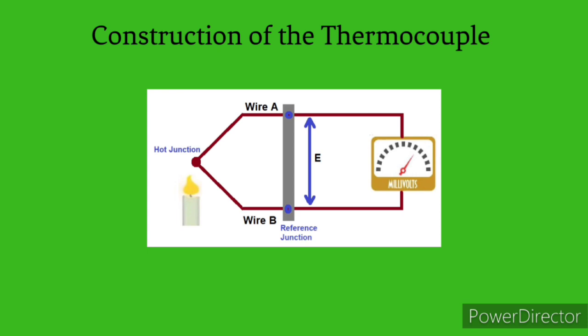Now, whenever we change or increase the temperature at the hot junction, the EMF is produced within the circuit. Here you can see in the diagram there is a voltmeter which is used to measure the voltage within the circuit. Whenever there is generation of EMF or voltage across the circuit, this voltmeter will measure the reading of the voltage.